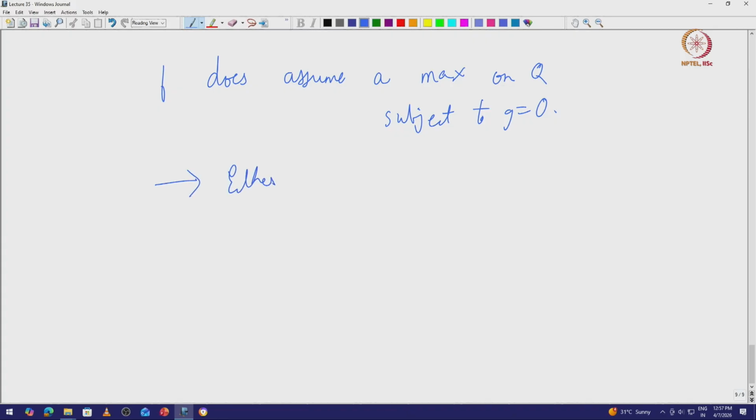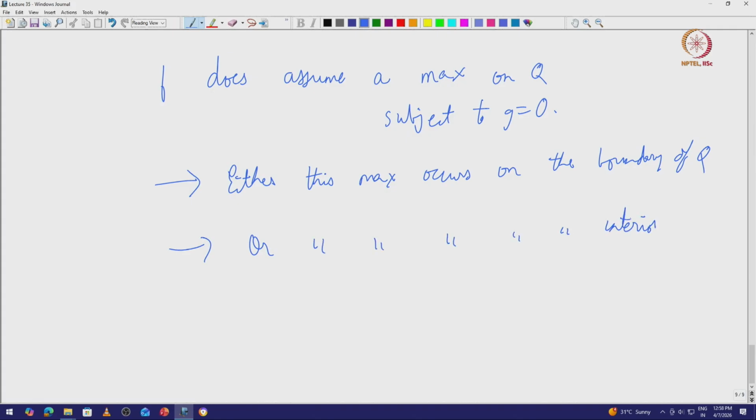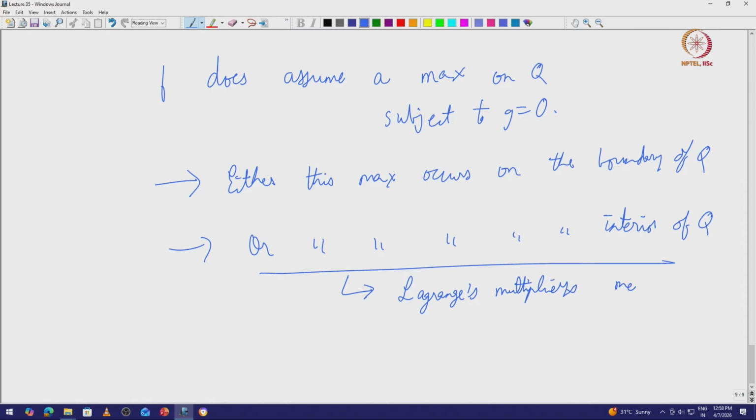Either this max occurs on the boundary of Q, or this max occurs on the interior of Q. If it does occur on the interior of Q, then the method of Lagrange's multipliers will be applicable. The method is applicable in this situation.